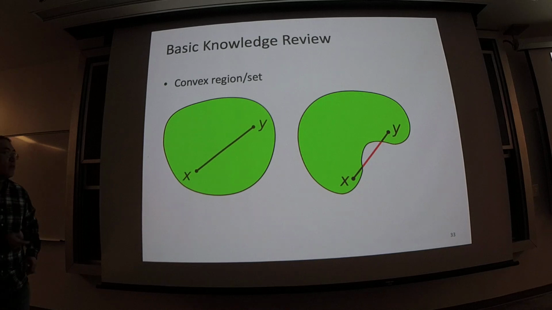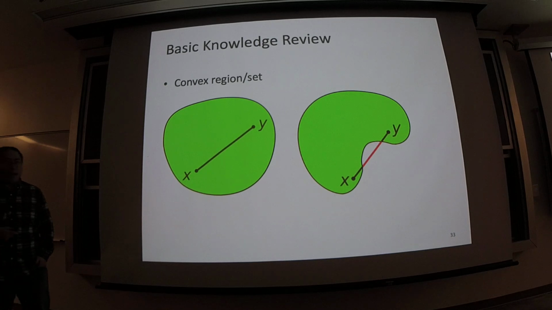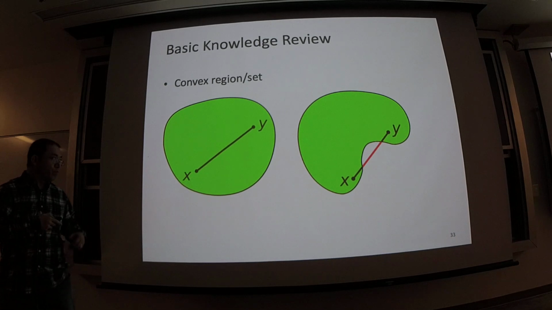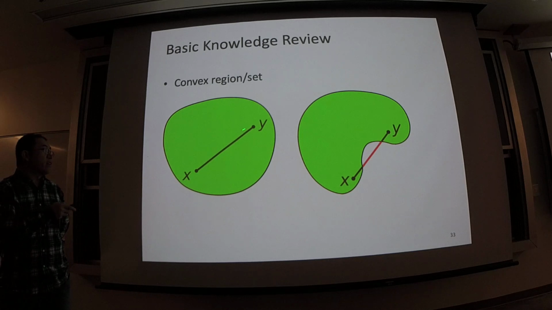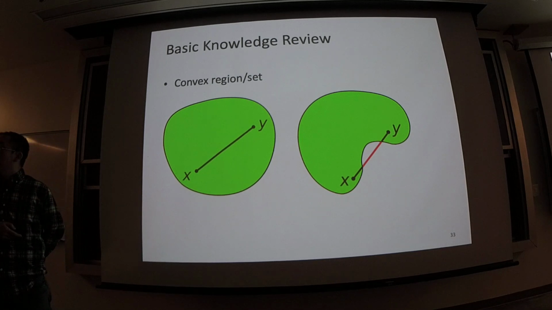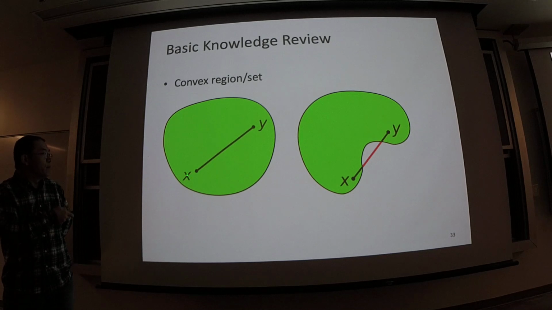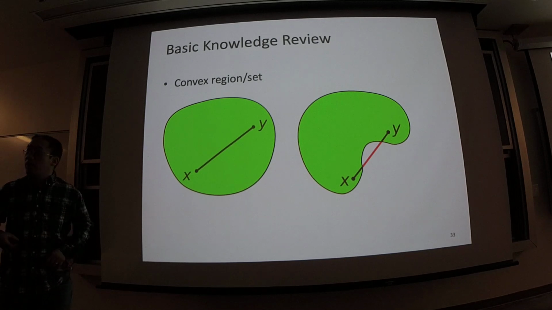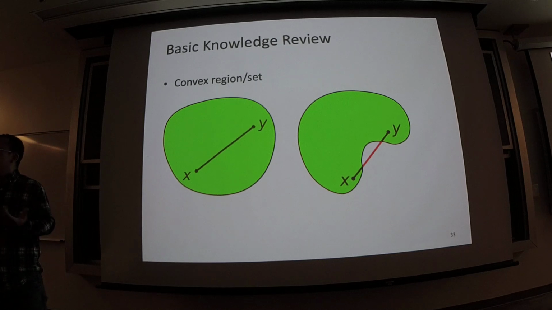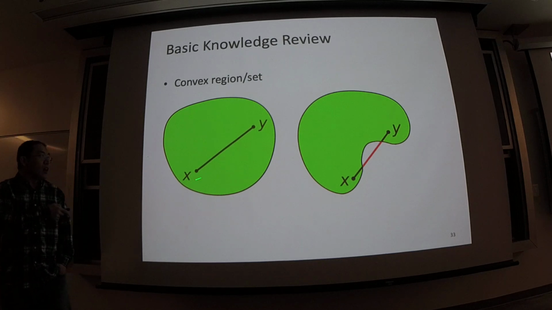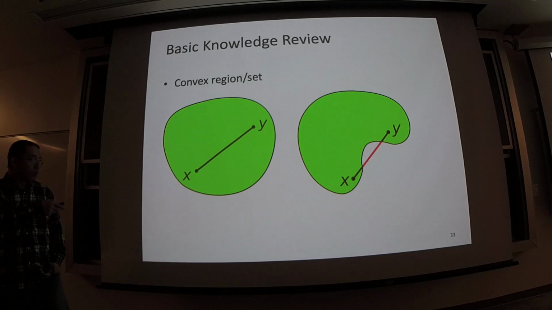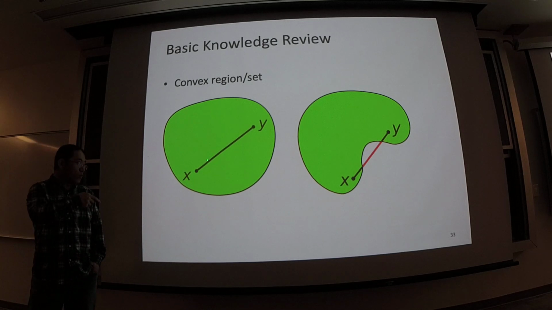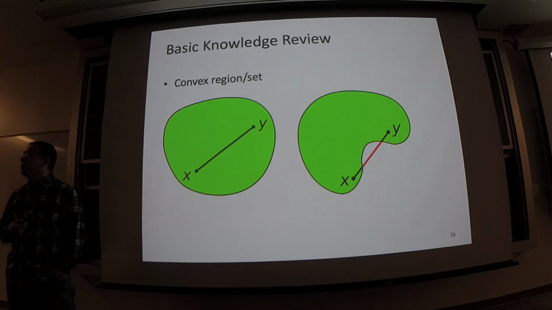A convex set is a set such that if you connect any two points in the set, the segment between x and y must all belong to the convex set. That means any combination of x and y, which is in between x and y, must stay inside the set. That's the definition of a convex set.